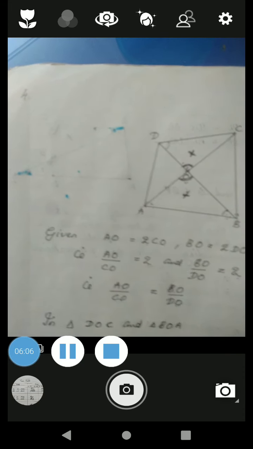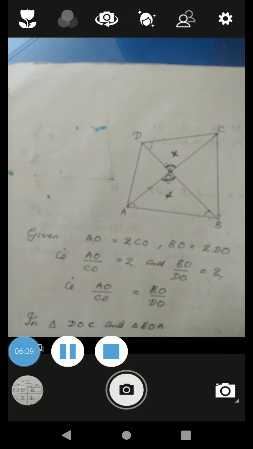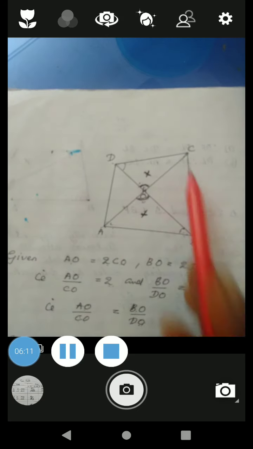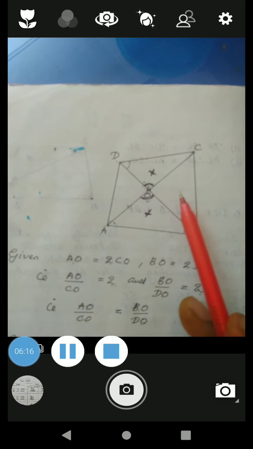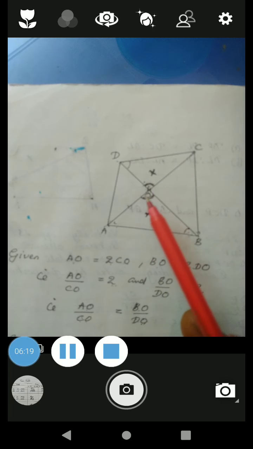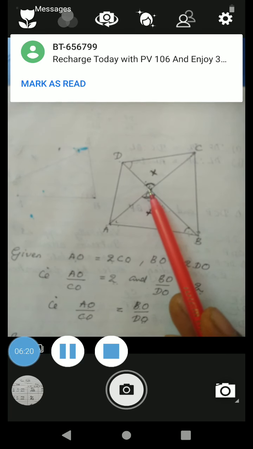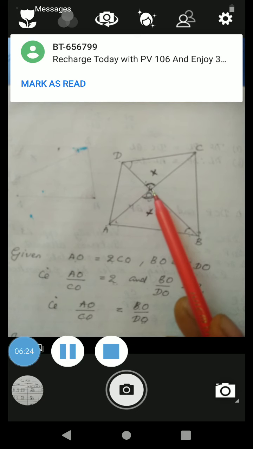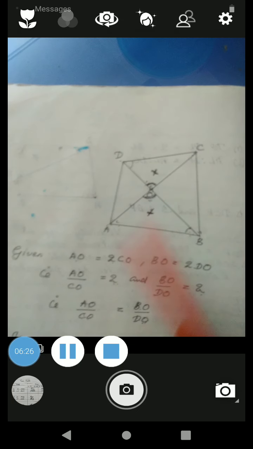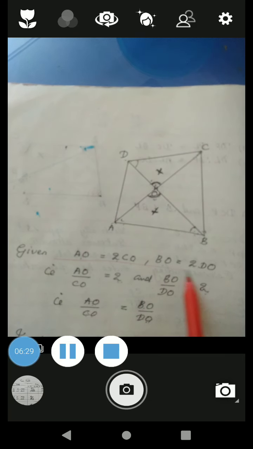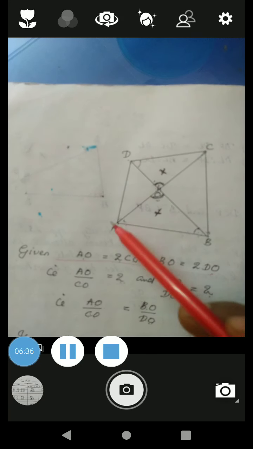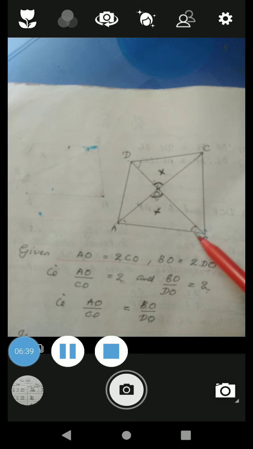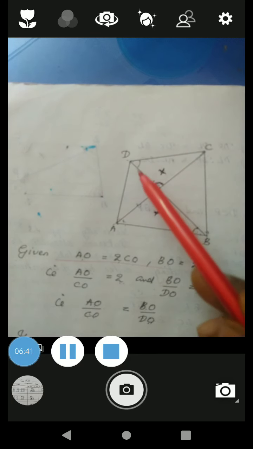Now question number 4. In a quadrilateral ABCD, we can draw the quadrilateral ABCD there. The diagonals AC and BD intersect each other at a point O. If AO equal to 2CO and BO equal to 2DO, that is given, show that triangle AOB is similar to triangle COD.